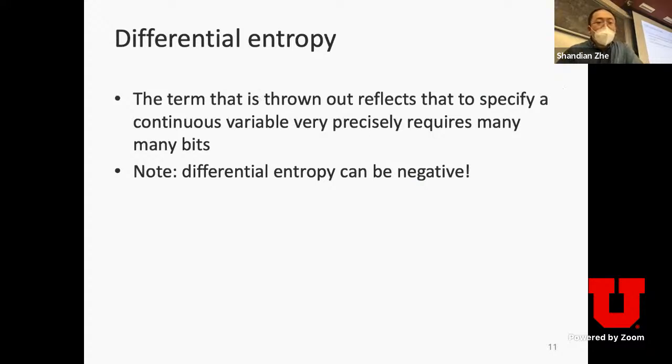So the term that is thrown out, although it is infinity, does not mean it's useless. It actually reflects that to specify a continuous variable very precisely, it requires many, many bits. This is from coding theory, right?